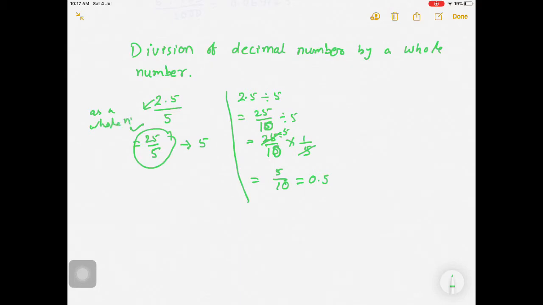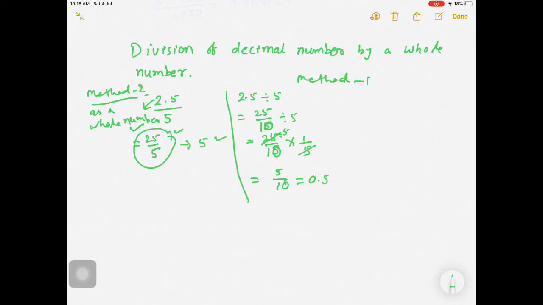This is method 1 and this is method 2. In this method we are just deleting the decimal and we take it as a whole number. It becomes 25 now. So 25 divided by 5 gives us 5.